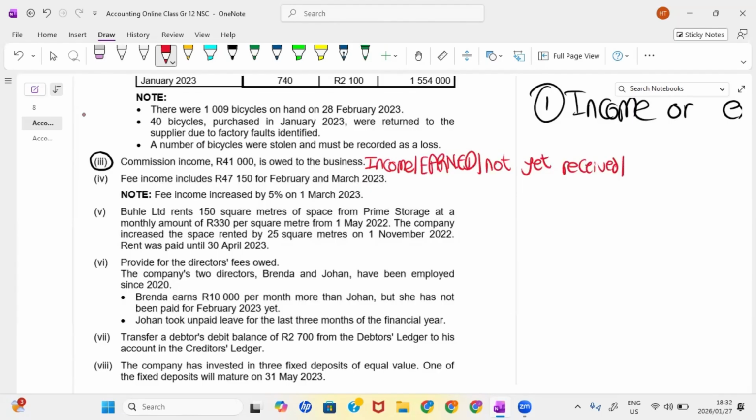So if we have income that we have earned, however not yet received, what do we classify it as? I've given you guys more than enough clues. So let's hear your answers. An income earned but not yet received.